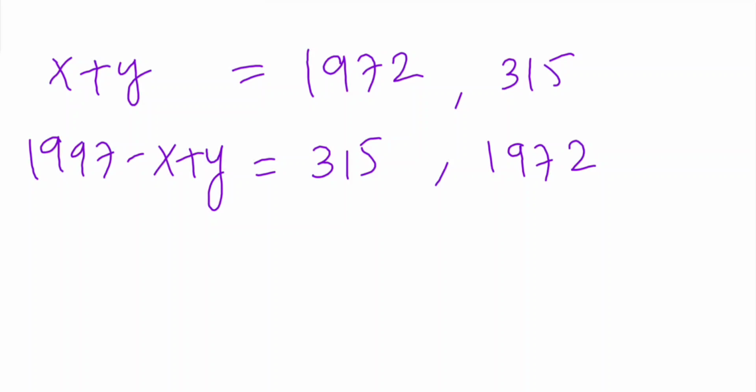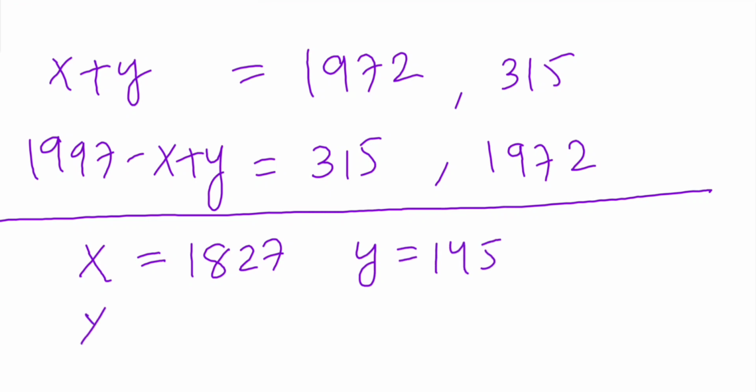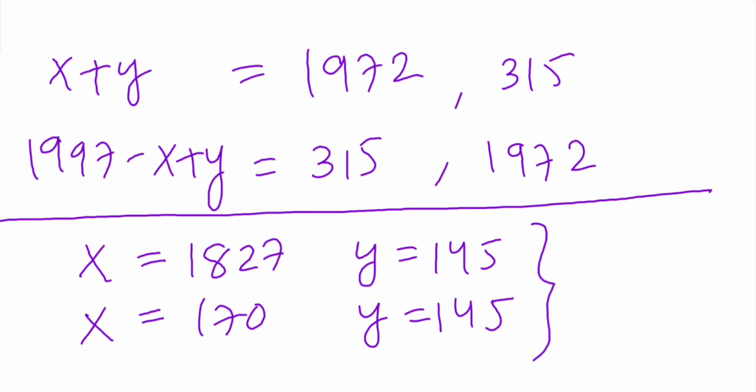And if I solve this linear equation in two variables, what I get is x can be 1827 and y is 145, and x can be 170 and y is the same as 145. This gives me two solutions, and these are the only solutions to our original equation.